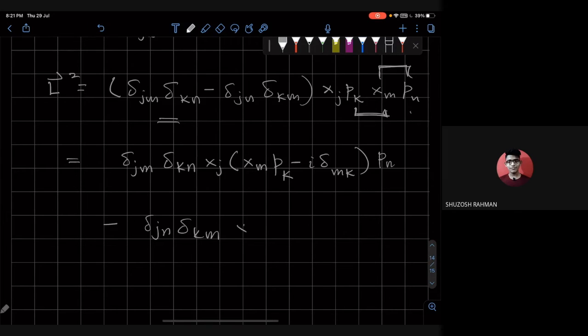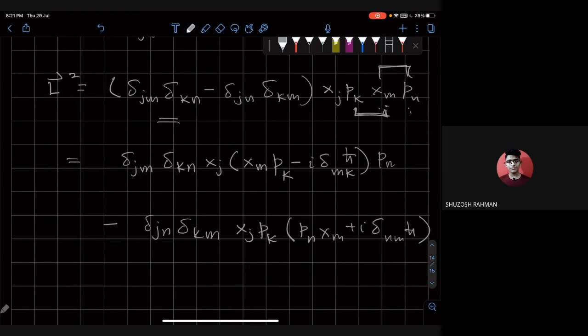So we have x_j p_k, and then we will have p_n x_m, but this was in the opposite order, so there's going to be plus i delta_nm h bar. There's an h bar here that I forgot.